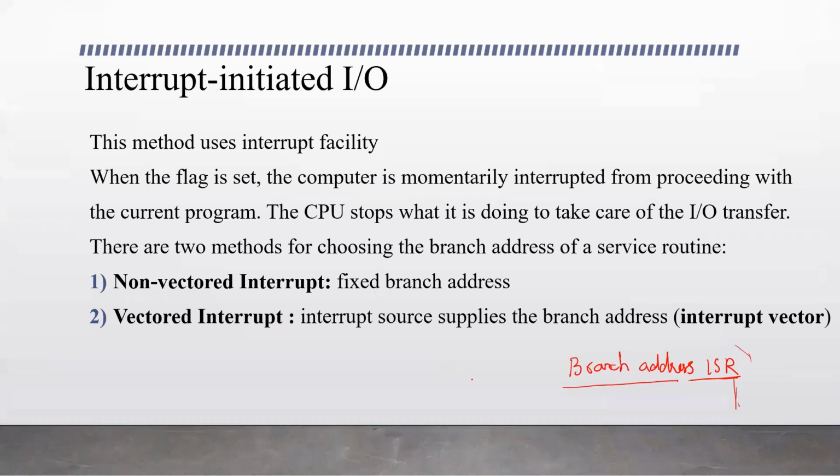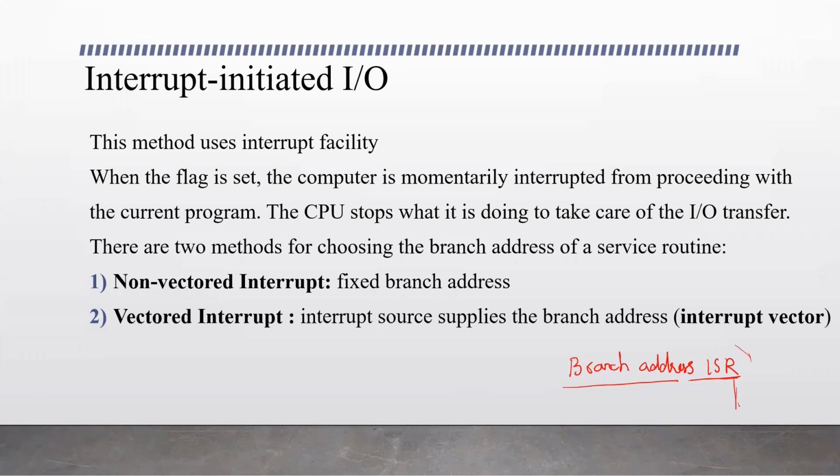Always, a particular location in memory is fixed. So when there is an interrupt service routine to be executed, the control directly goes to that fixed location. One particular location in memory is assigned for the interrupt service routine as a branch address.